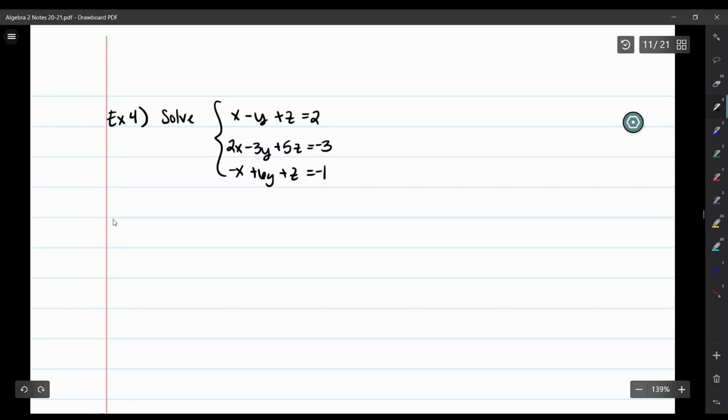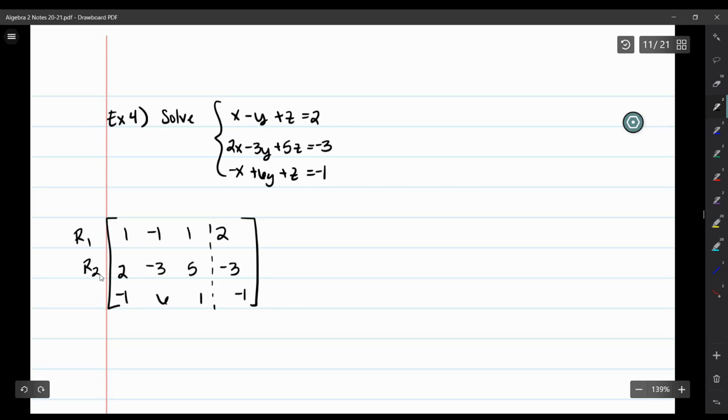So I'm going to do that below because everything's in standard form. So we have 1, negative 1, 1, 2, 2, negative 3, 5, negative 3, negative 1, 6, 1, negative 1. And this is our little equal sign. Okay, this is row 1, this is row 2, and this is row 3.